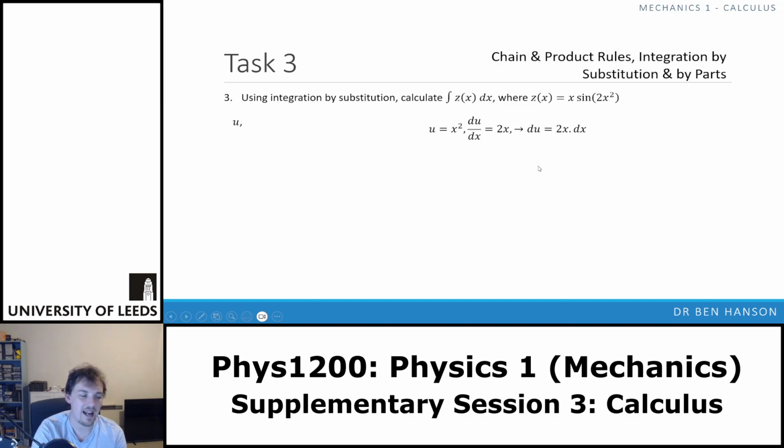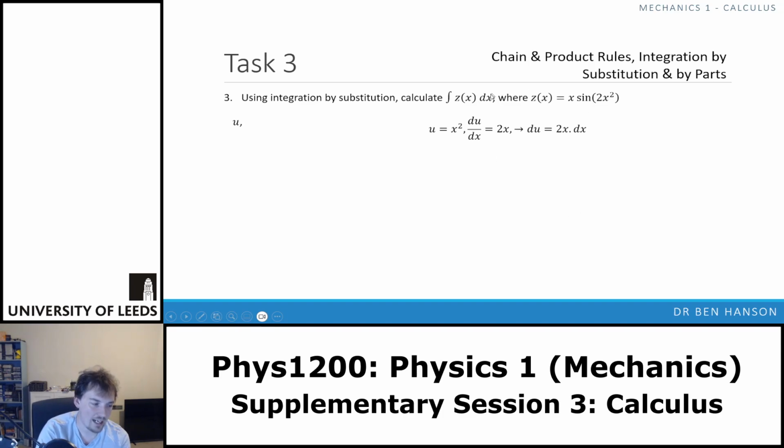And so if I make the very slight algebraic manipulation and say du, an infinitesimal change in u, is equal to 2x times an infinitesimal change in x, effectively timesing by the bottom of this fraction. That's not what we're doing, but it kind of is timesing by the bottom of this fraction.